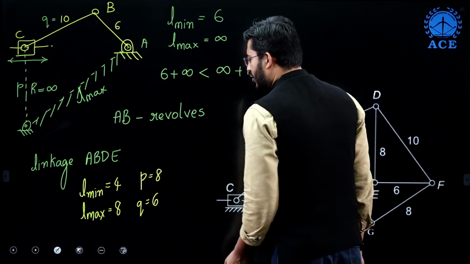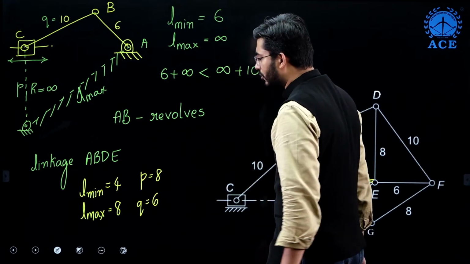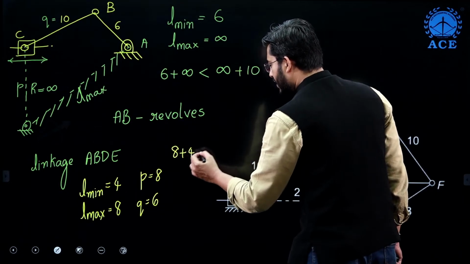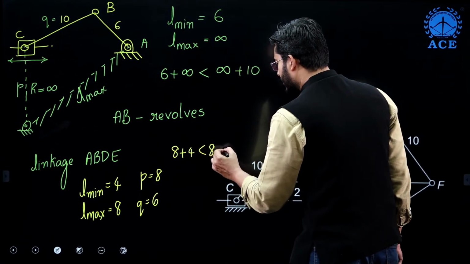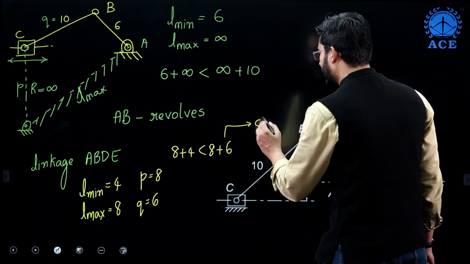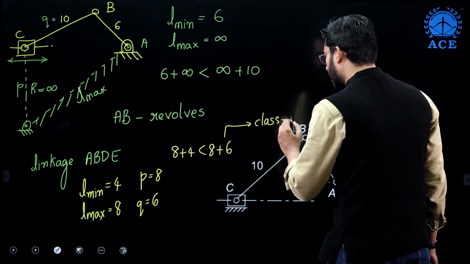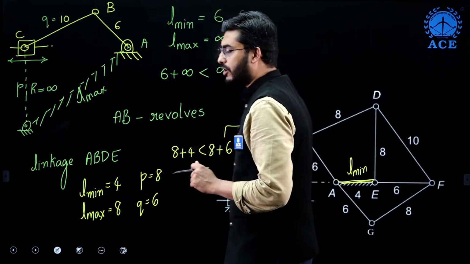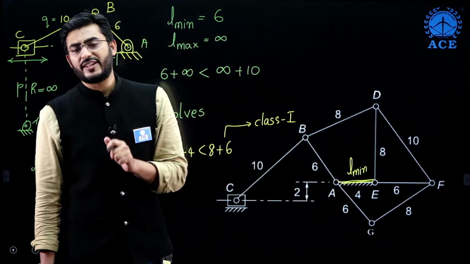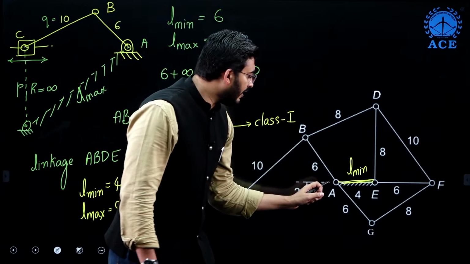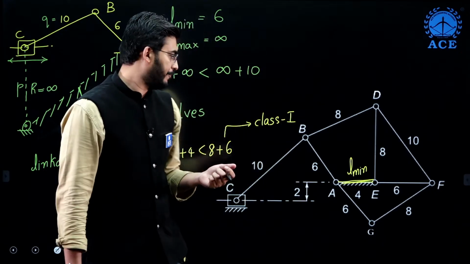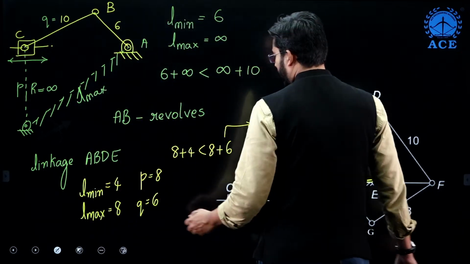Now if you apply the Grashof's law onto this linkage, you'll find 8 plus 4 is less than 8 plus 6. This is a class 1 linkage, and in the class 1 linkage you are fixing the L minimum. When you fix the L minimum, we know very well that link AB is going to revolve.